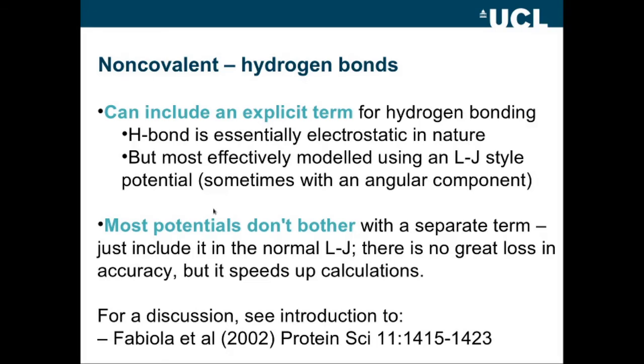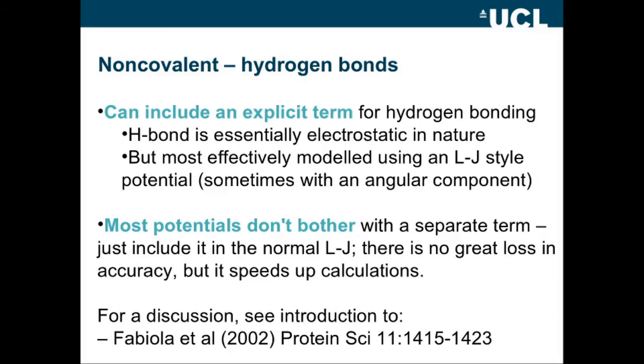Now if we want to describe a hydrogen bond in some sort of equation, we can include an explicit equation for it. Essentially, as I said, it's electrostatic in nature, but the rate of fall off of the interaction is much faster than with a normal electrostatic interaction, and it has a clearer kind of minimum distance to it as well.